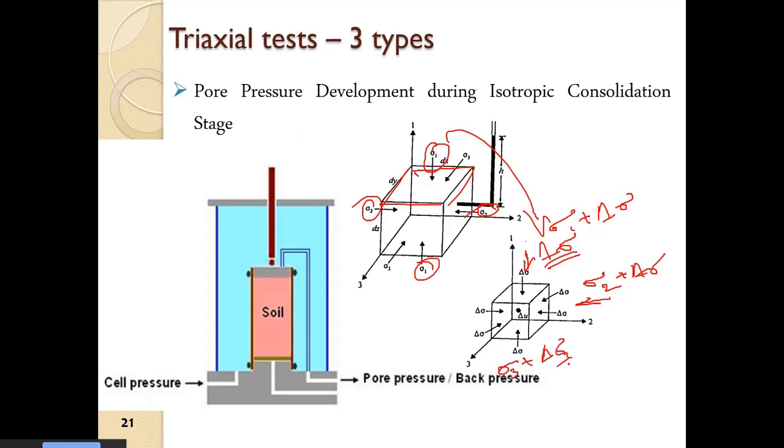So this is the final condition. In that condition, initially the pore water pressure was U, and now we have delta U, so the pore water pressure is U plus delta U.